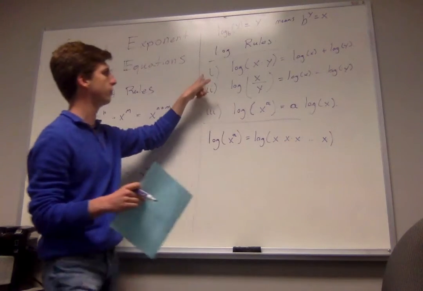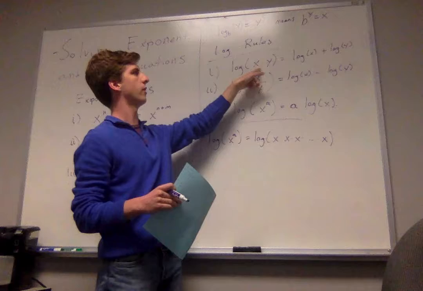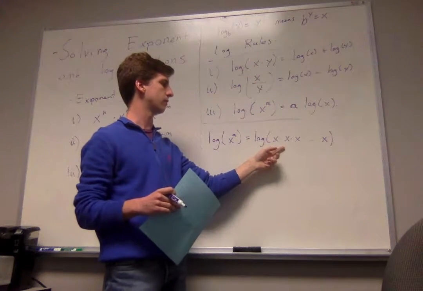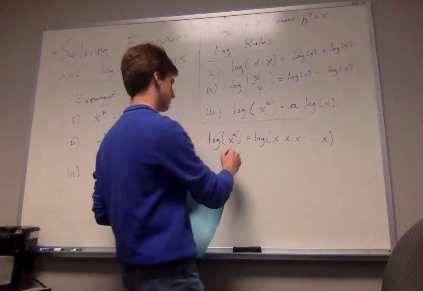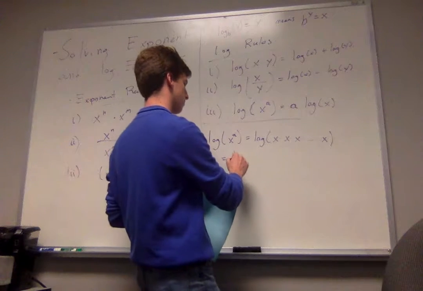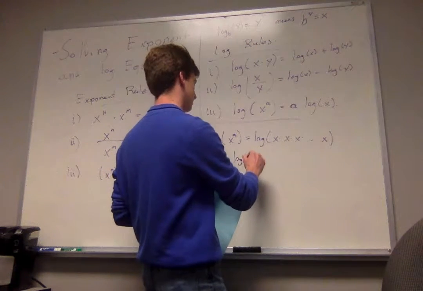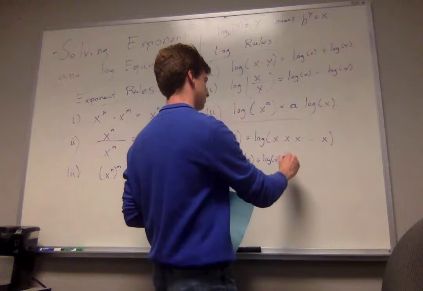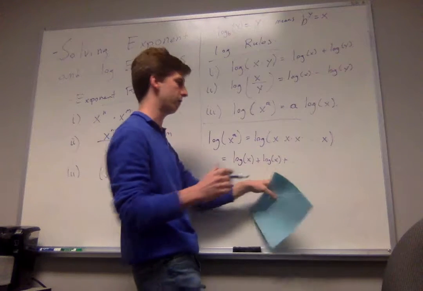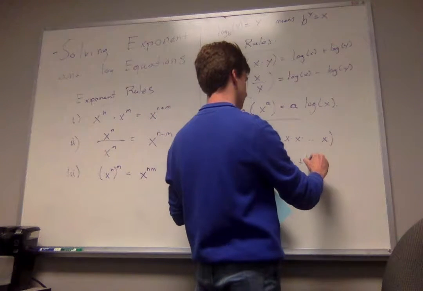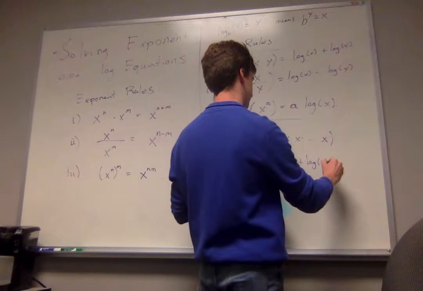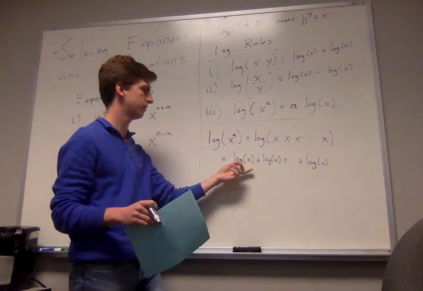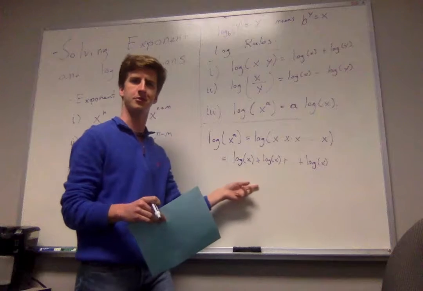Well, if you use property 1, which says that if you have two things multiplied together in a log, you can split it up, then you can say this is equal to log of x plus log of x plus log of x, however many times until you have a of them. So you have a logs of x's right here.